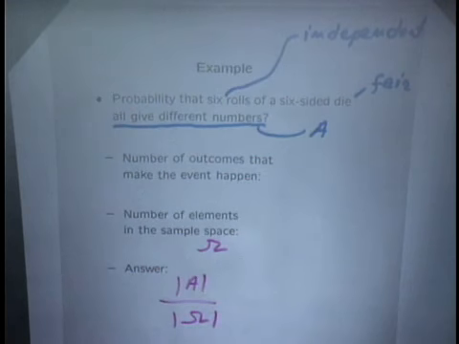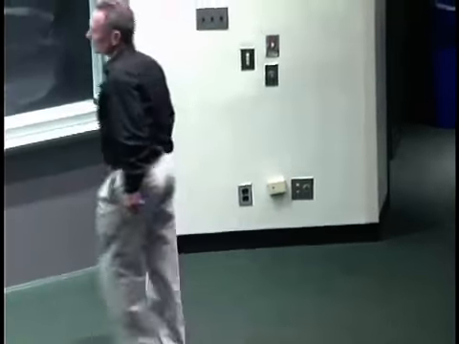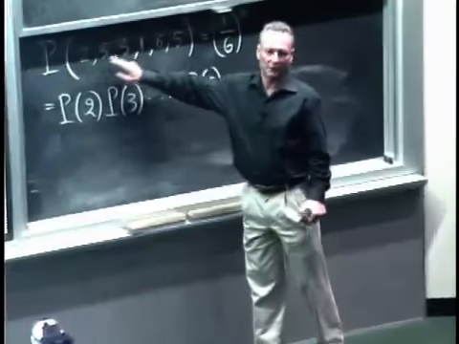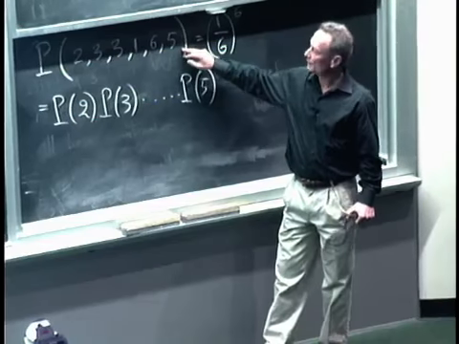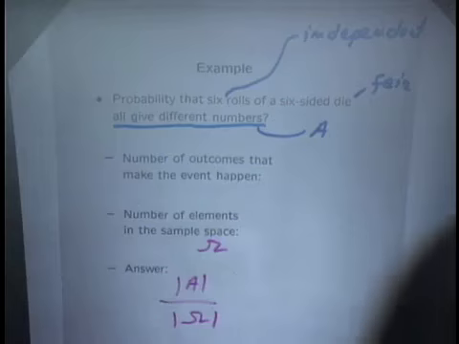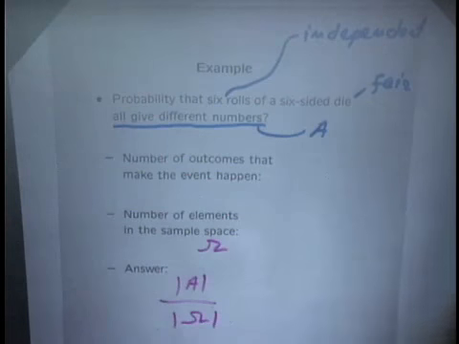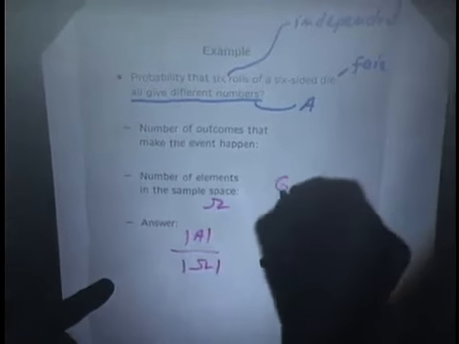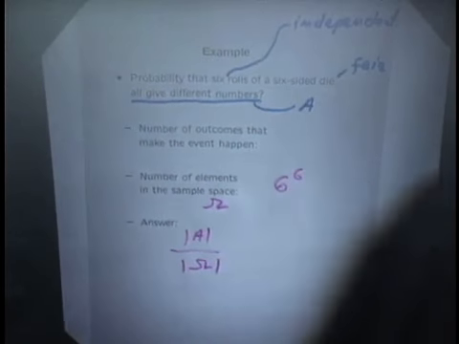How many elements are there in the sample space? How many possible outcomes are there when you roll a die 6 times? You have 6 choices for the first roll. You have 6 choices for the second roll, and so on. So the overall number of outcomes is going to be 6 to the 6th. So the number of elements in the sample space is 6 to the 6th power.